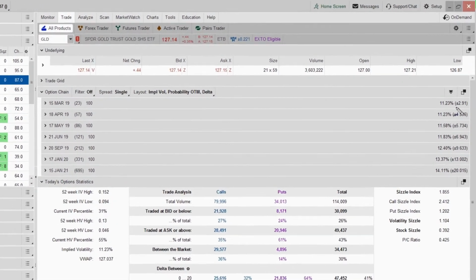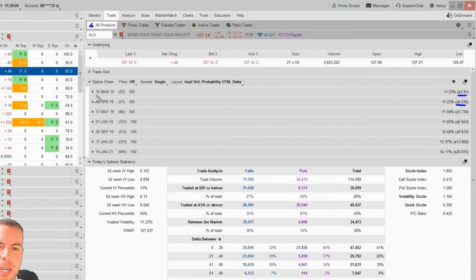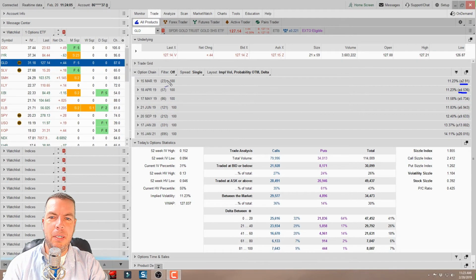And it puts some context around which option series has the most risk in it. These numbers right here, this 2.91 plus or minus, is the 1 standard deviation expected move for this series of options. So right now, if we're looking at the 15th of March 2019 series, we've got 23 days out till expiration on that one.